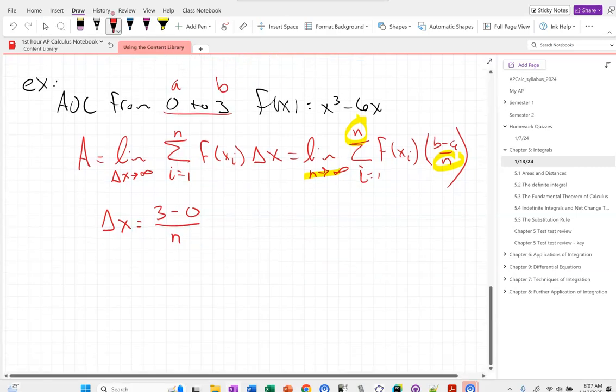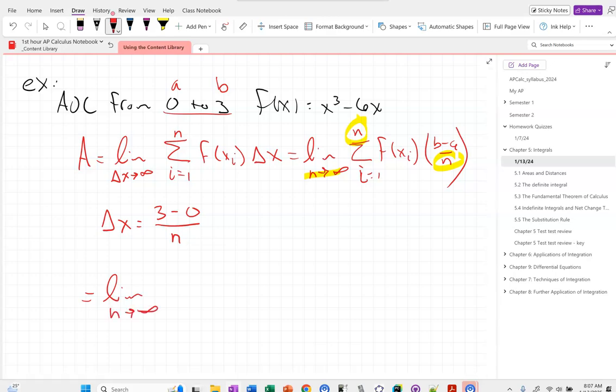All right, so with the tools that we have to do this, let's fill some stuff in. My f of x is xi cubed minus 6 times xi, and my delta x is going to be 3 minus 0 over n.